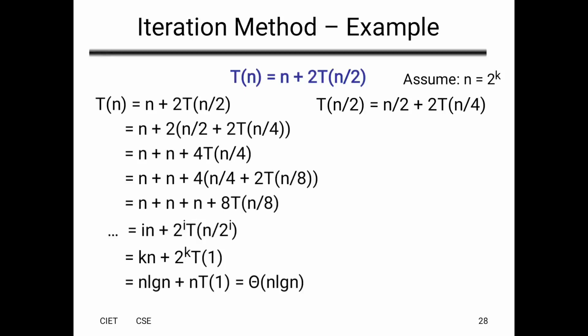Here we substitute for t of n by 2, where t of n by 2 is equal to n by 2 plus 2t of n by 4. So the first step is n plus 2 into n by 2 plus 2 into t of n by 4, and it will continue like this.